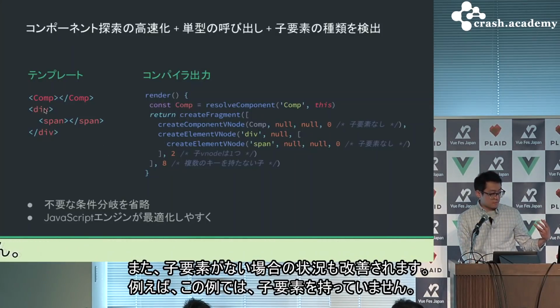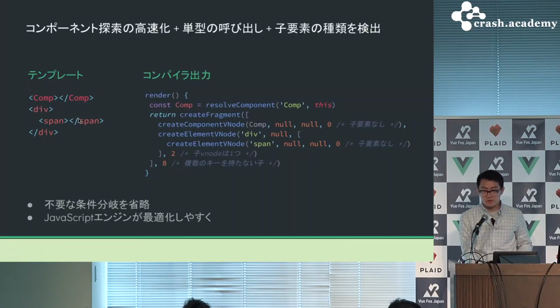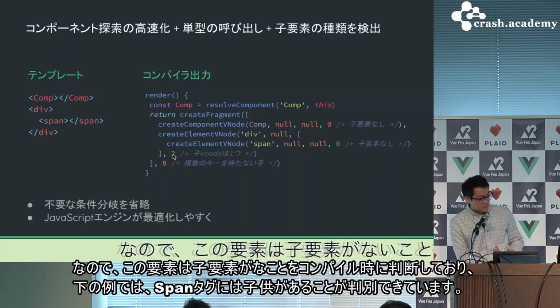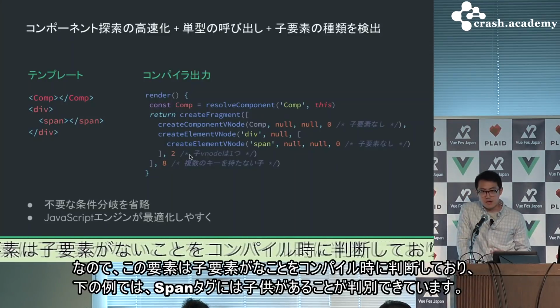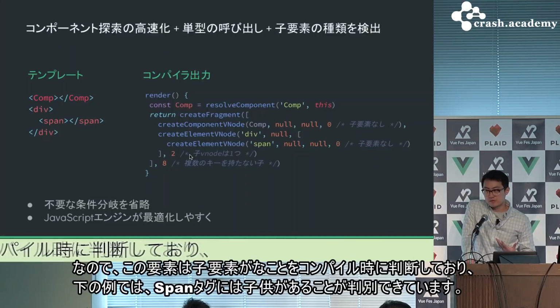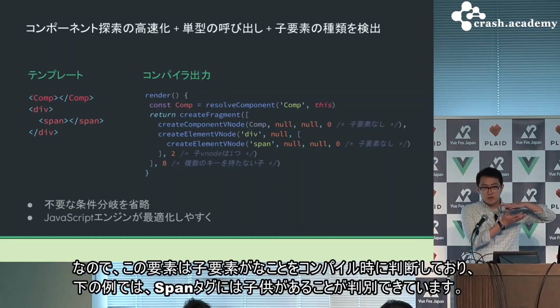And this div here has a single child, a span child. So again, we will generate a number here. This number 2 actually represents that this element has a single child. So we will use an algorithm specifically for a single child, which is faster than having to compare two arrays of children.